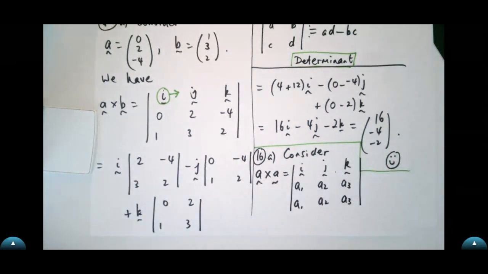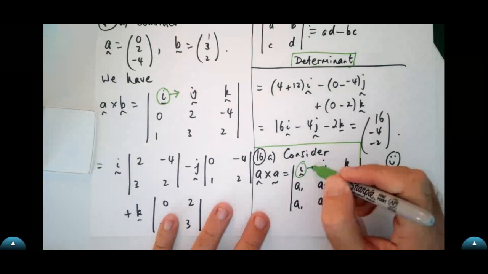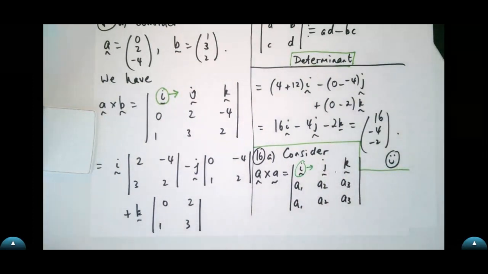And it's pretty easy, right? We just play our game of cover up like we were talking about before. So we start up here and we expand along the top row. So let's start with I.